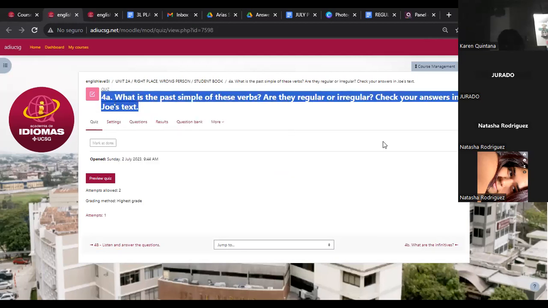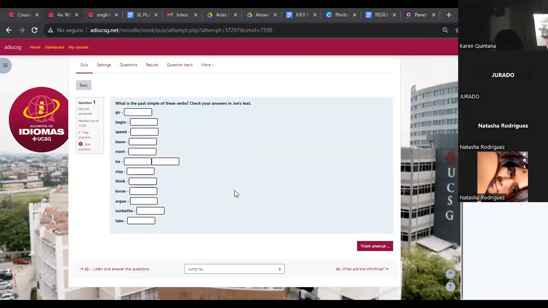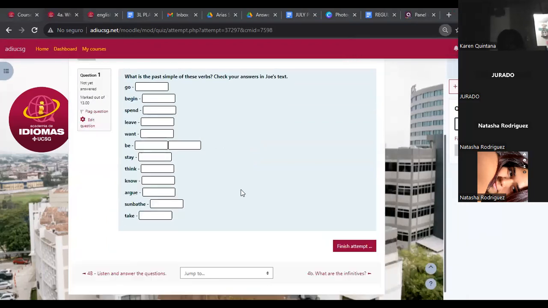Are they regular or irregular? It's very easy. What you have to do is just write down the correct simple past of the verbs. You already know them because we have already taken a look at them. We are going to have 3 minutes for this activity. We check and then we move on to the next one.